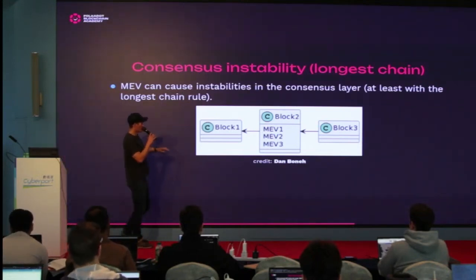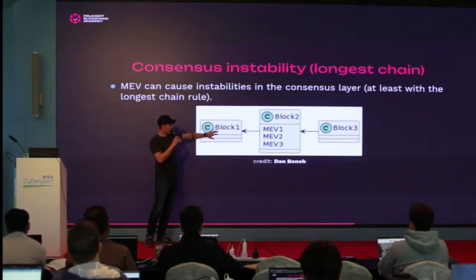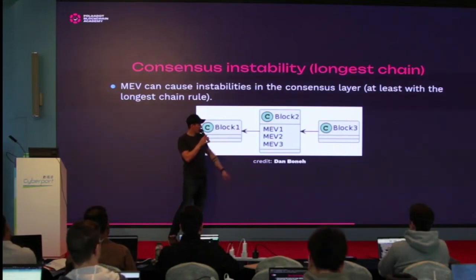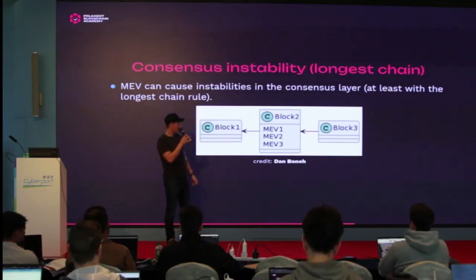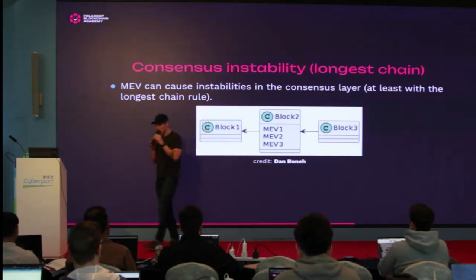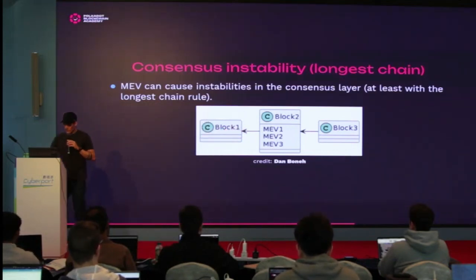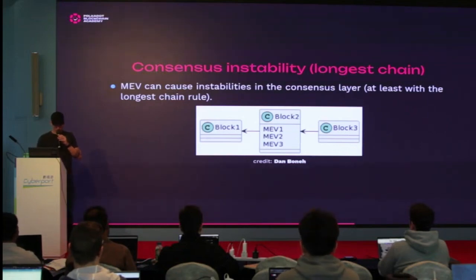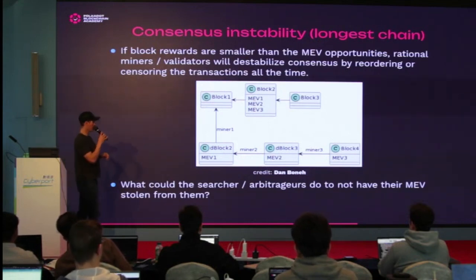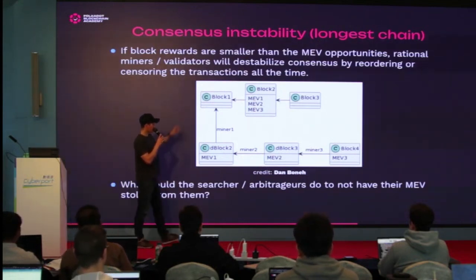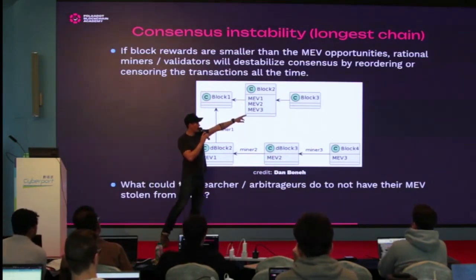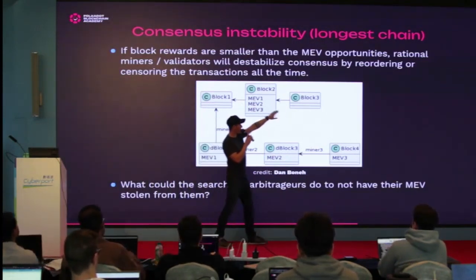Assume that there's a block, there's another block that had these three juicy MEV opportunities, like liquidations or something, and this block is already part of the history, another block has been mined on top of it. So now, there's a miner that sees that. This is what he does. And remember, the miners are supposed to mine on the longest chain, right? So he should start creating another block over here.